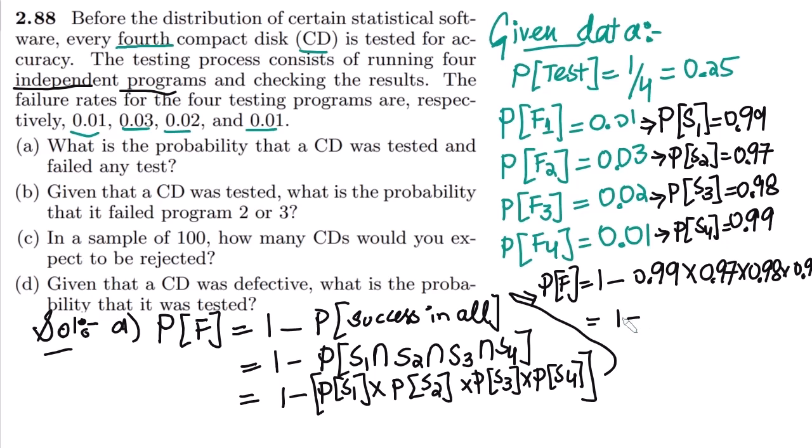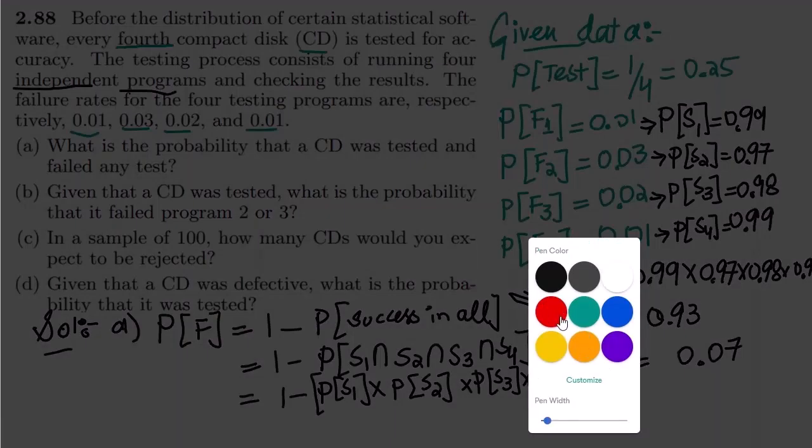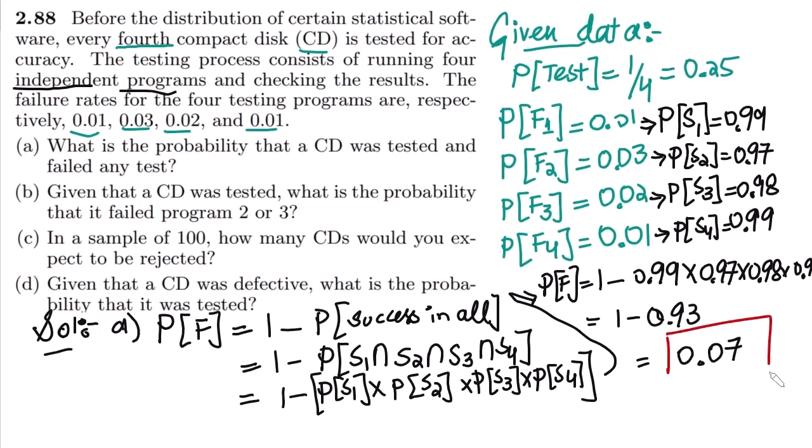Here I will get 1 minus 0.93. So ultimately I will get 1 minus 0.93, which is 0.07. Okay. So the probability of a failure in any one of the tests is 0.07, which is 7%. Okay, so that is the calculated one which we have done, and this is the solution of part A.